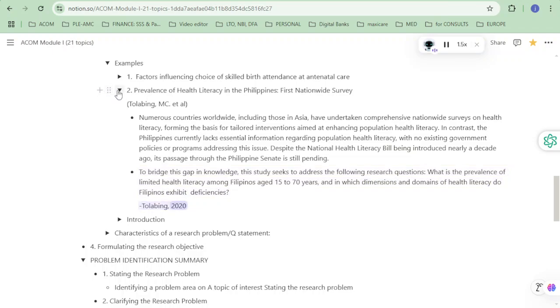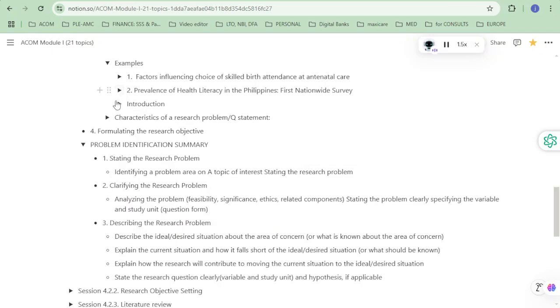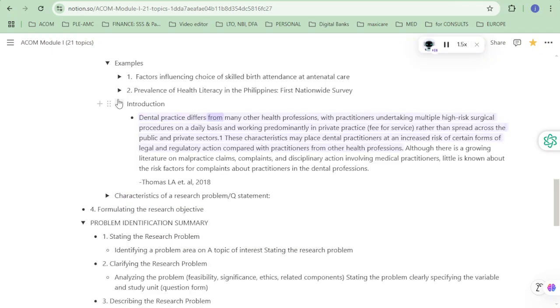Tolabing, 2020. Introduction. Dental practice differs from many other health professions, with practitioners undertaking multiple high-risk surgical procedures on a daily basis and working predominantly in private practice, fee-for-service, rather than spread across the public and private sectors. These characteristics may place dental practitioners at an increased risk of certain forms of legal and regulatory action compared with practitioners from other health professions.